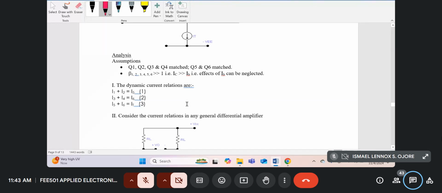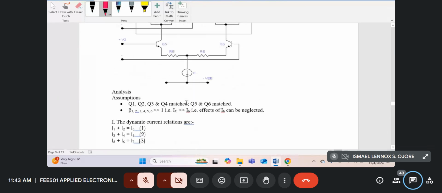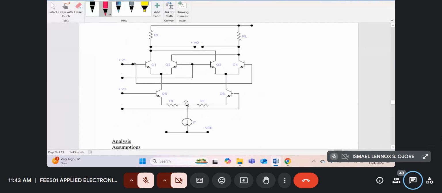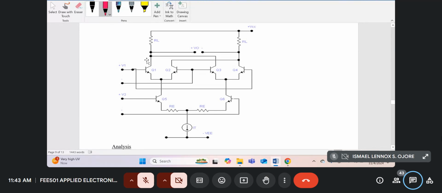So let's look at this circuit again. Let's start from the top left. You've got a transistor Q1. I'll be calling the current going through the collector of Q1 IC1. The current here, IC2.